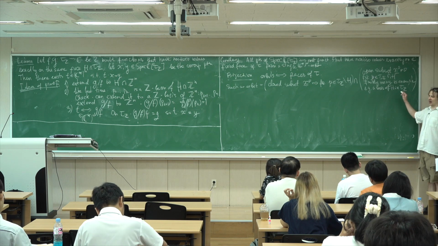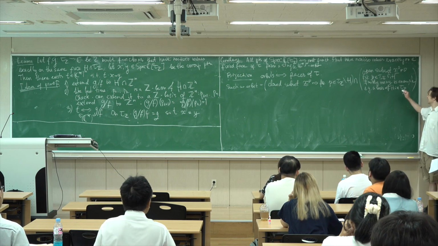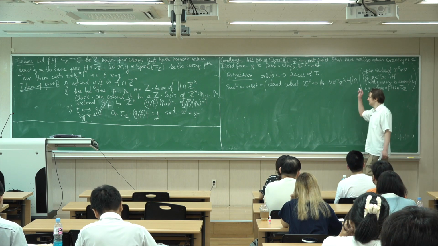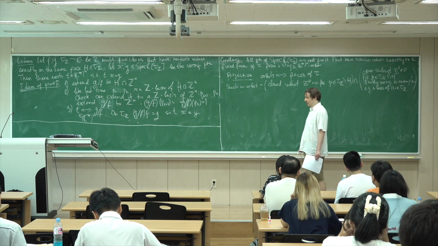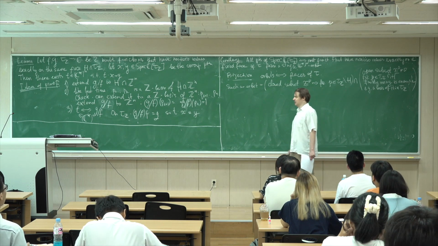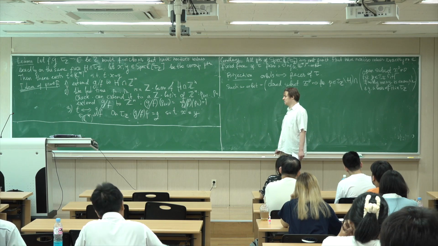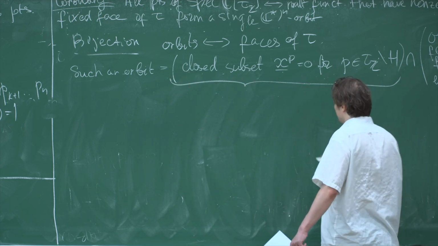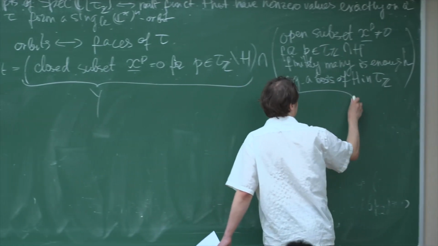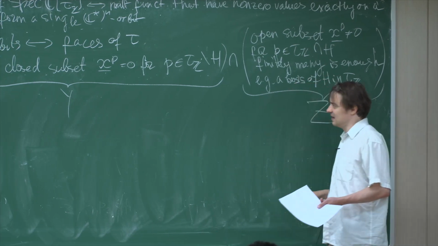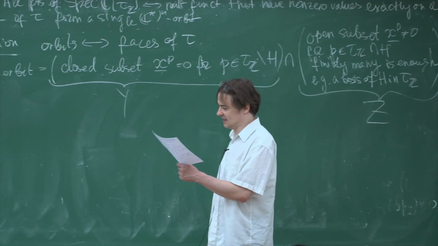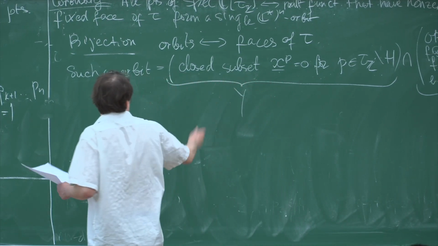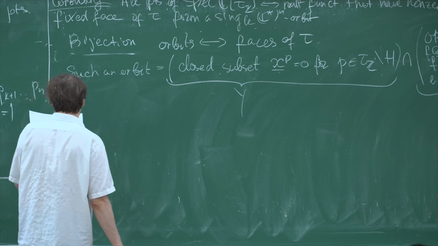When we have finitely many inequalities like this, function not equal to 0, we have an open subset, and when you have equations, whatever many, that some function equals 0, we have a closed subset. So let us call it y. Let us call this one z. So our orbit is the intersection of y and z.